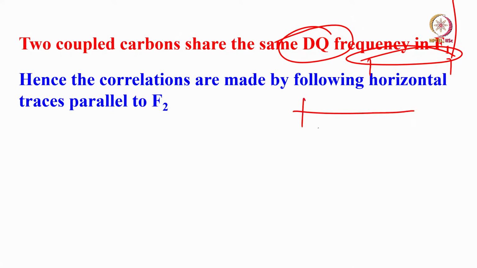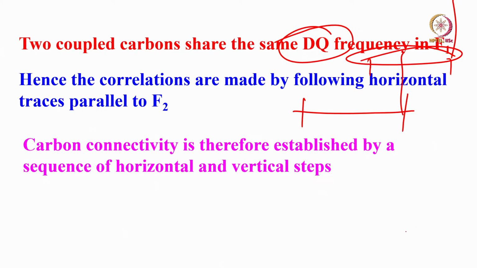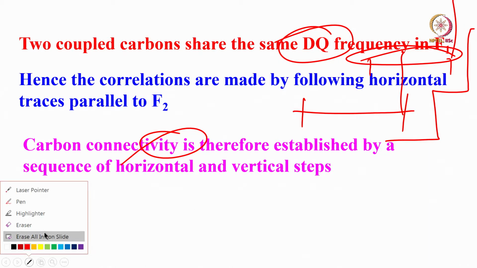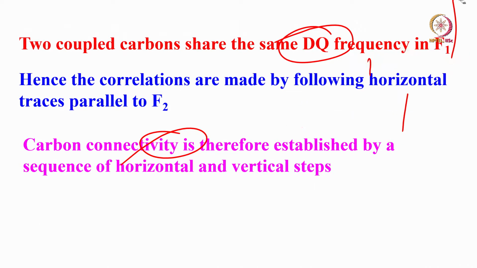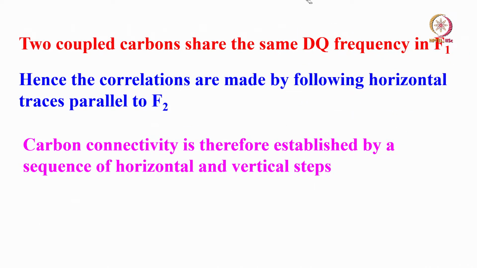Go horizontally, find out which 2 are coupled, giving rise to double quantum, and then go vertically up, you will see the correlation. So, carbon connectivity you can establish by a sequence of horizontal, vertical, like a step ladder, keep on going horizontally and vertically.